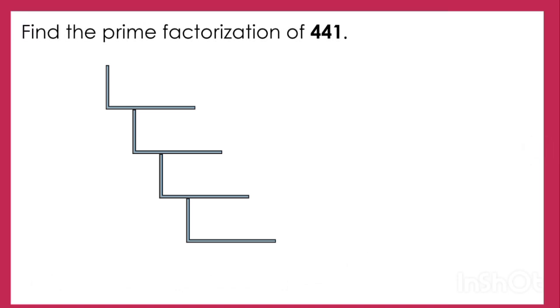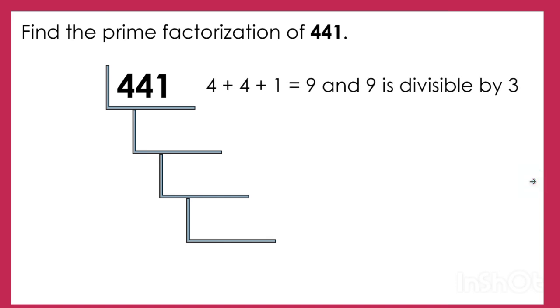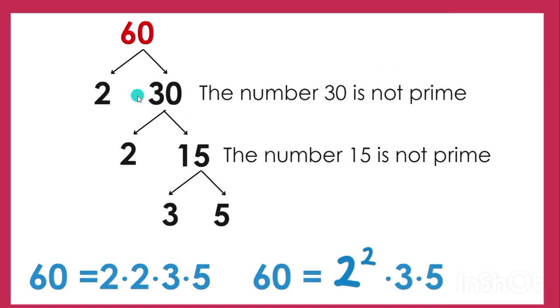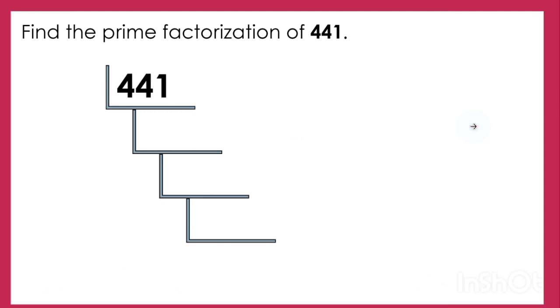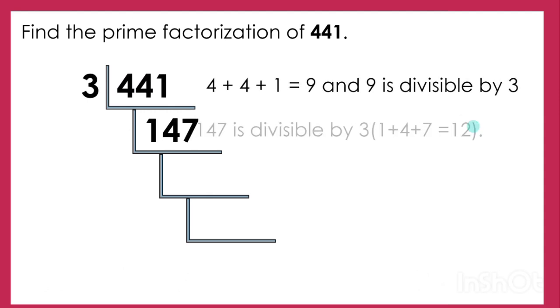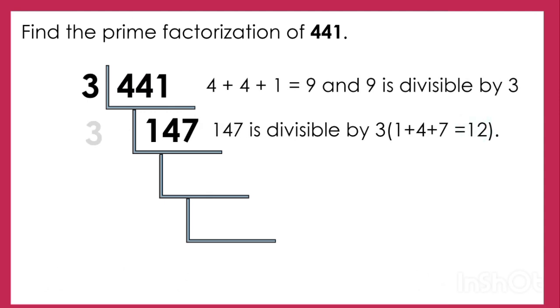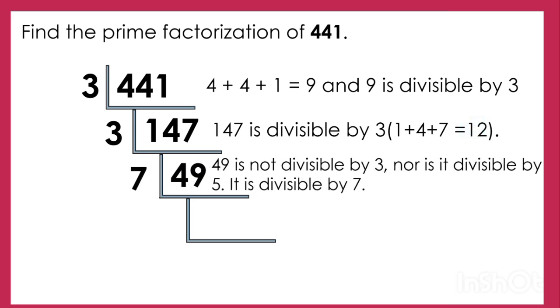Find the prime factorization of 441. So 441 is equal to 9 times something, and 9 is divisible by 3. So we have 3 here. 441 divided by 3 is 147. 147 divided by 3 is 49. 49 divided by 7 is 7. 7 divided by 7 is 1.